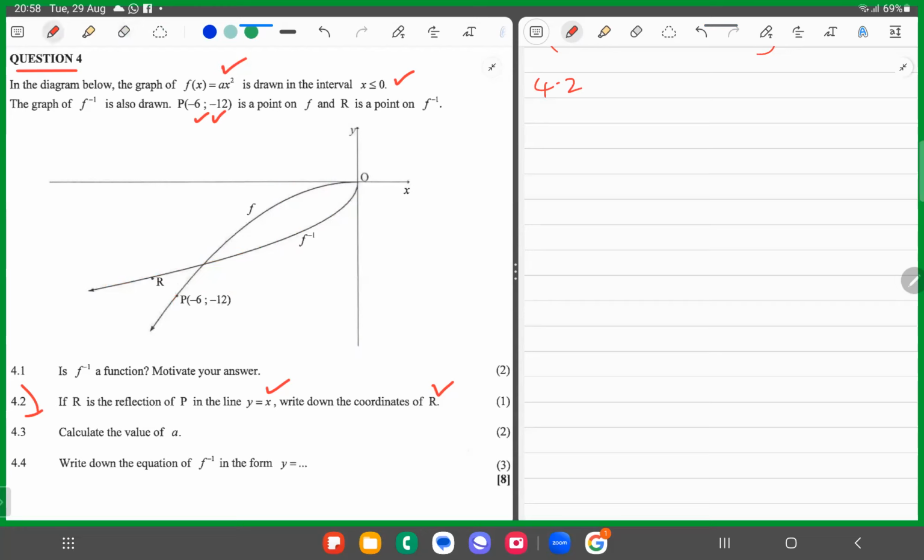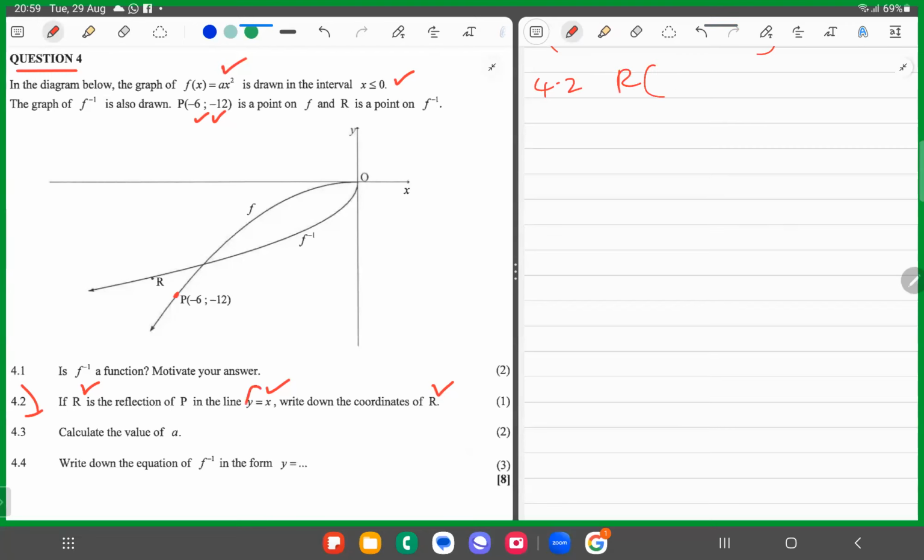All right, so we're asking the question, if R is a reflection of P, here is P, but now we're saying another point R is a reflection of P in the line y equals x. Write down the coordinates of R. So the coordinates of R will be very easy.